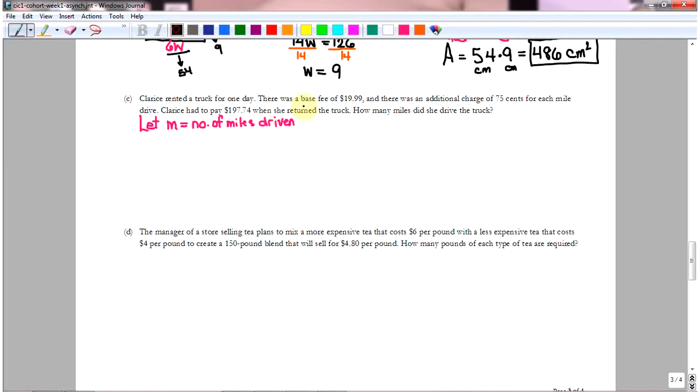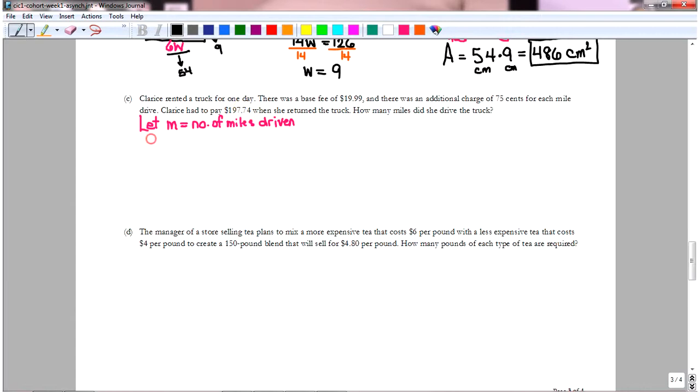So now our task is to come up with an equation. We know that there was a base fee of $19.99, an additional charge of 75 cents per mile, and she had a total cost of $197.74. So we're going to write an equation to represent the cost.